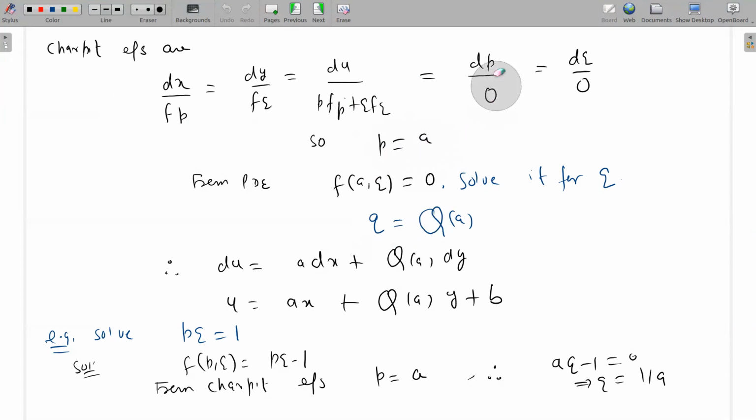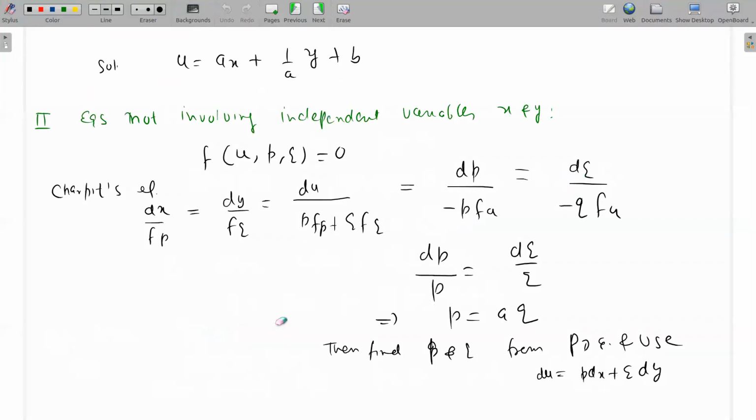So if you have used dp equals 0, then you got p constant. So then you got q in terms of a. In the second case, your equation has only the dependent variable u and derivatives, so not x and y. These are independent variables.